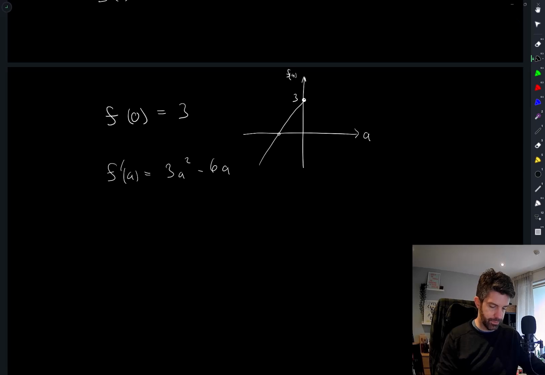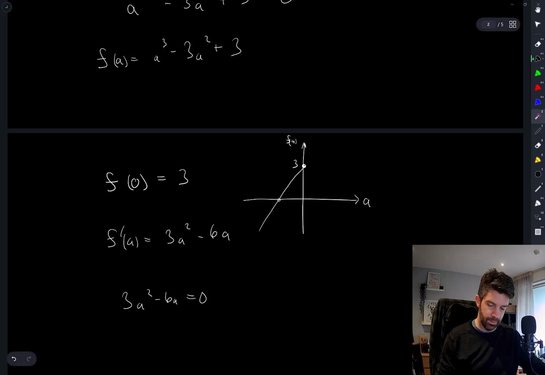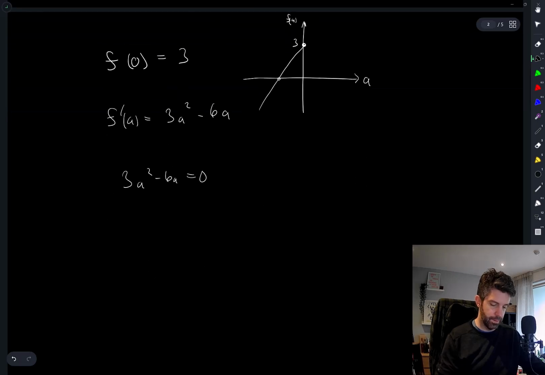Why don't we find where that turnaround is? 3a squared minus 6a is equal to 0. So a equals 0 works. There's a horizontal tangent there. But other than 0, we have 3a minus 6 equals 0, so a is equal to 2.